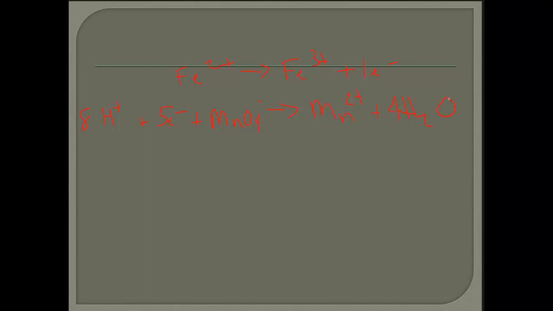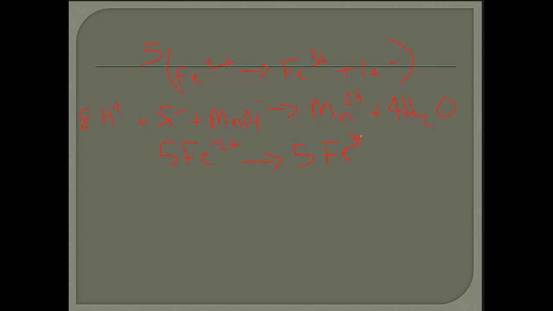Alright, we need to find something that's divisible by both 1 and 5. I'm going to multiply this top one by 5. So 5 Fe2 plus yields 5 Fe3 plus and 5 electrons.